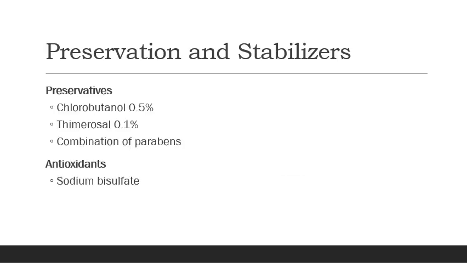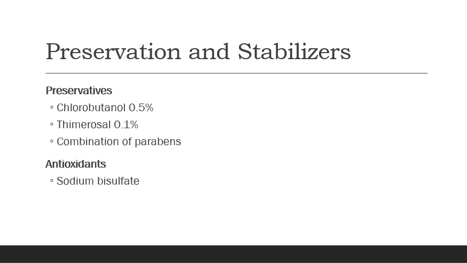Ear preparations also require preservation because these are multi-dose containers, and there are chances of the growth of microorganisms. So we will have to use preservatives: chlorobutanol in the concentration of 0.5%, thimerosal in the concentration of 0.1%, and a combination of the parabens are effective as preservatives in otic preparations.